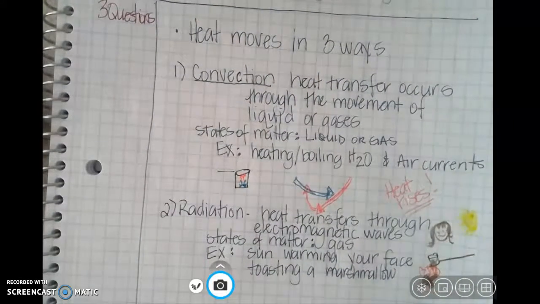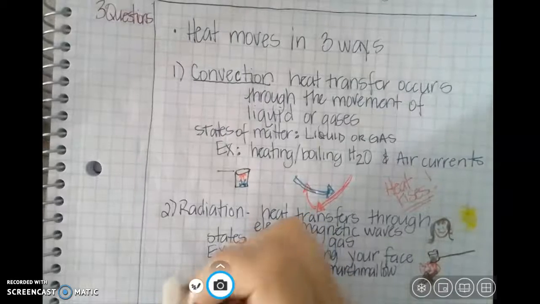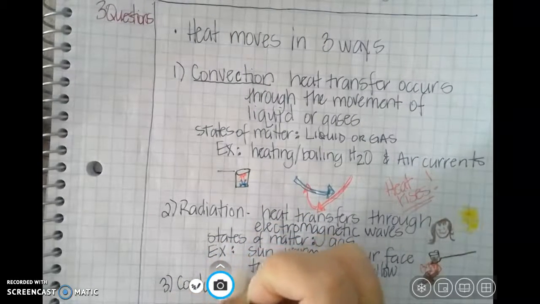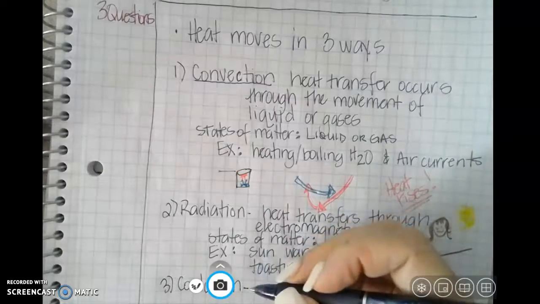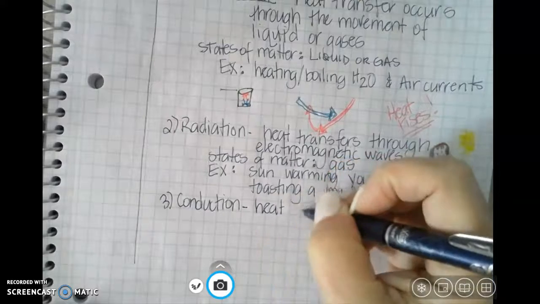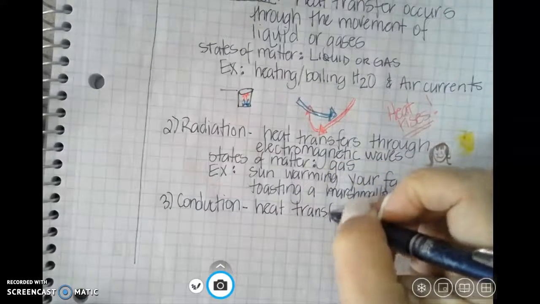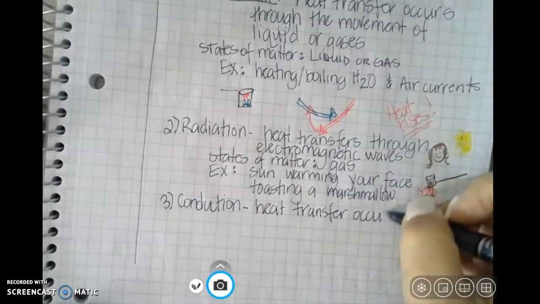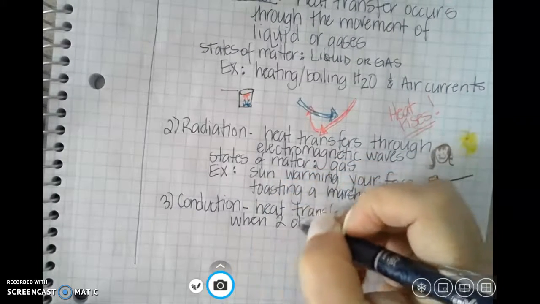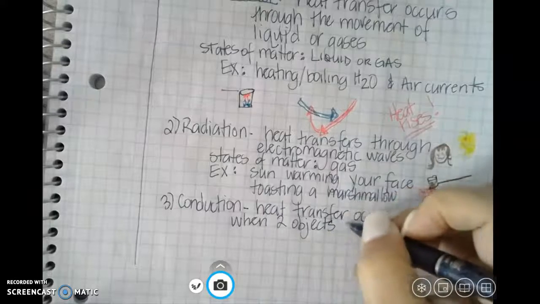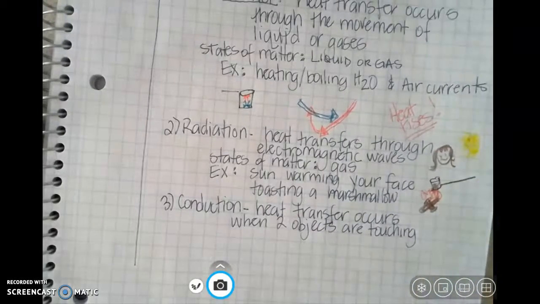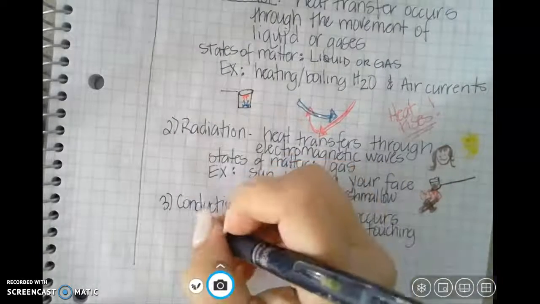And then the last and third type is conduction. And that's probably the one you're most familiar with. And this is when two objects are touching. So the state of matter would be solids.